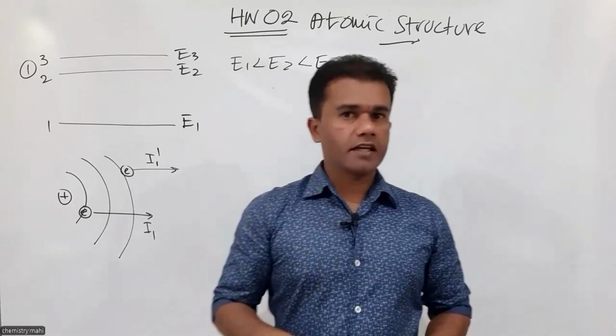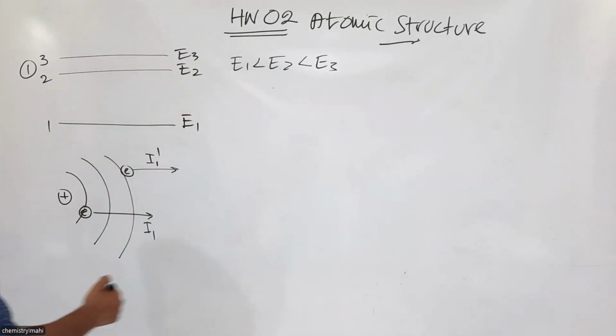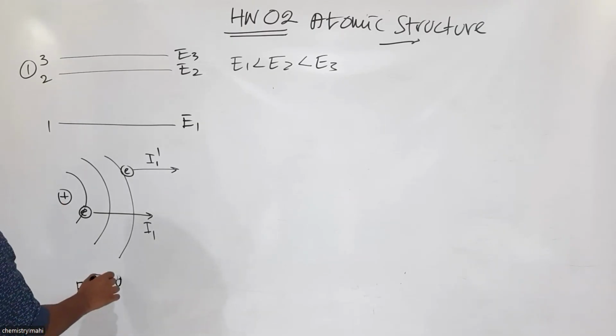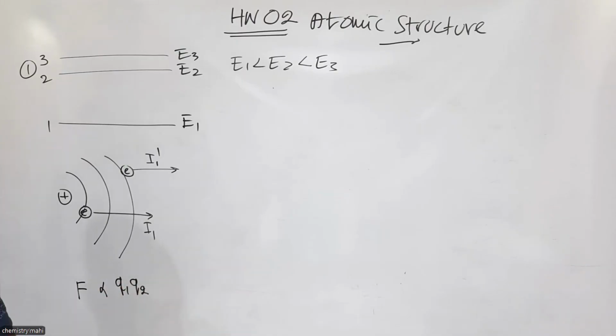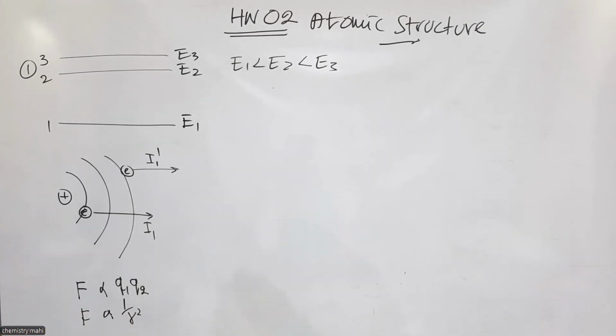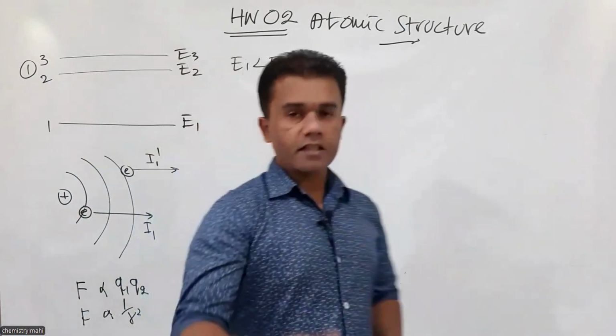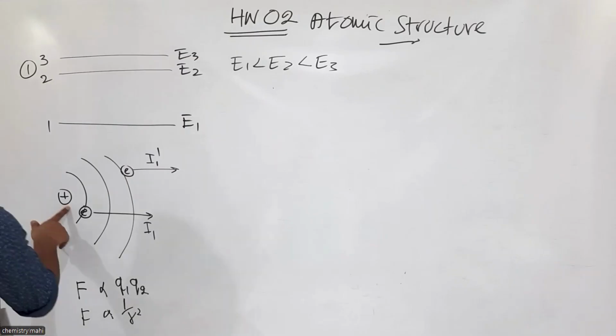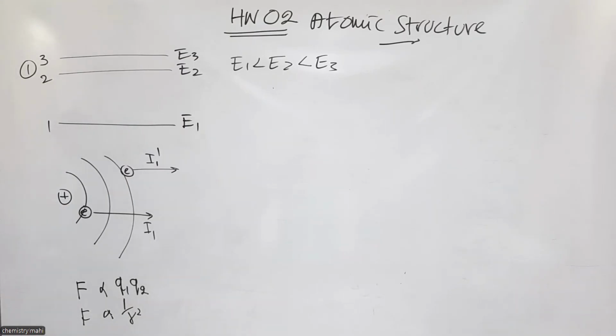Which one has the stronger attraction? I told you, if there are two oppositely charged species, this is plus and the electron is minus, the Coulomb force of attraction between them is directly proportional to the charges Q1 and Q2, but inversely proportional to the distance squared, r squared, between the two particles. Here, if it is in the first energy level, r is short, the distance between these two is very small.